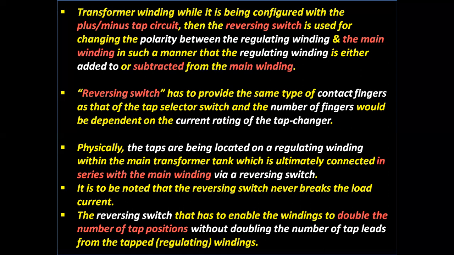It is to be noted that the reversing switch never breaks the load current. The reversing switch enables the winding to double the number of tap positions without doubling the number of tap leads from the tapped, that is regulating, windings.